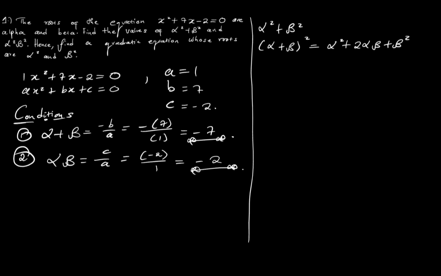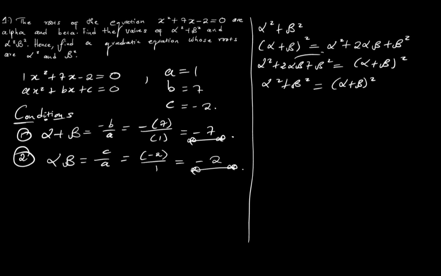Now remember, this is your question, so you want to get something that looks like this from your expansion. But remember, you have created an equation, so it needs to hold true. If I flip this equation, I have alpha squared plus 2 alpha beta plus beta squared being equal to alpha plus beta squared. My interest is to have alpha squared plus beta squared, so this will be equal to alpha plus beta squared.